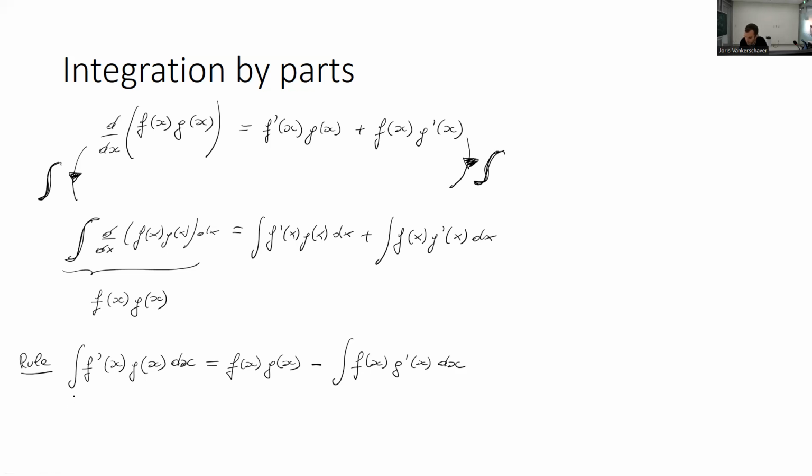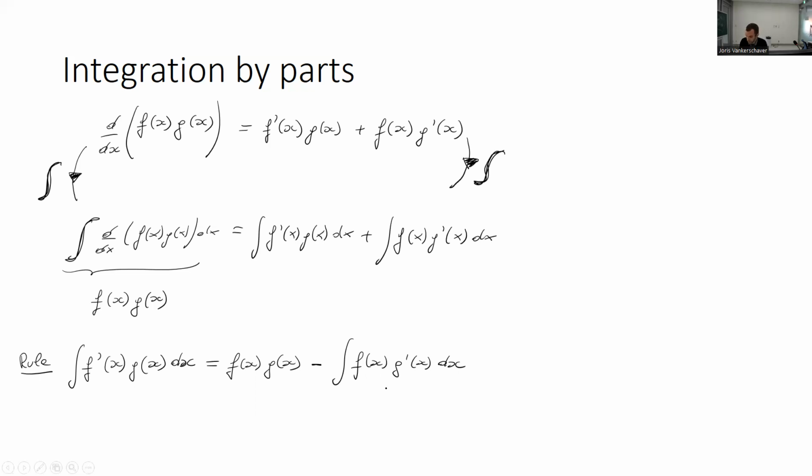Let's look at this for just a minute. What does this tell me? If I have an integral of a derivative times a function, I can write that as another integral of that function times the derivative. And I'm going to try to do that if the integral that I get on the right-hand side is a little bit easier to solve.